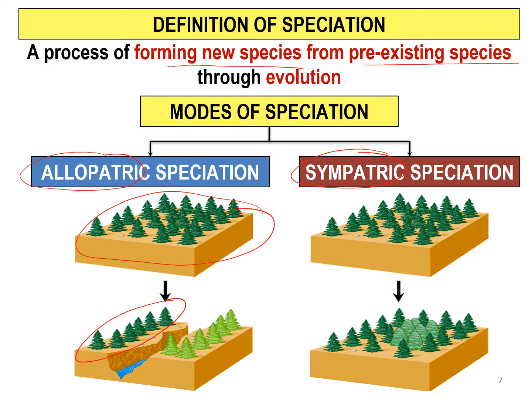So the green tree is separated from the light green tree. In sympatric speciation, no barrier is formed. So they are not separated geographically, but something occurs that causes new species to arise from the original population.